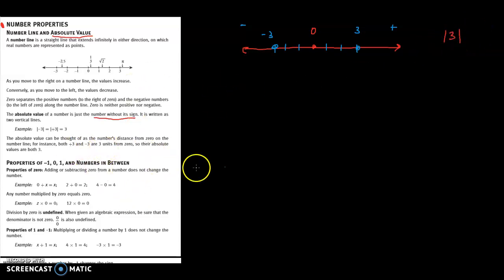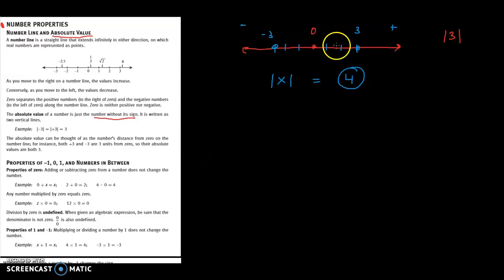For example, if I said the absolute value of some variable x is equal to 4, let's interpret what this means. Whatever's inside these brackets has to be exactly 4 units away from 0. That occurs in 2 different places on the number line.